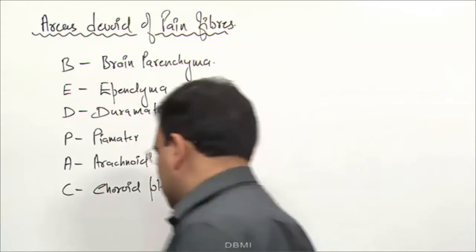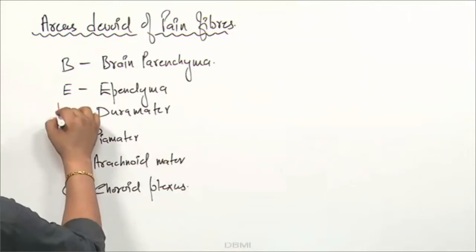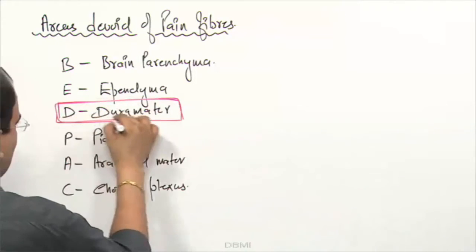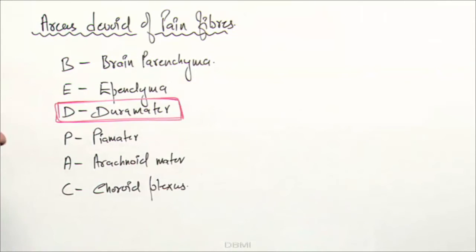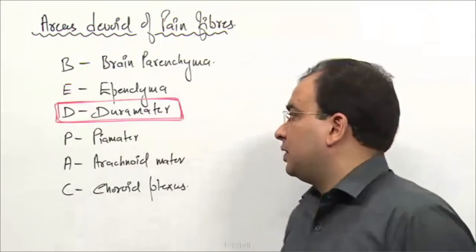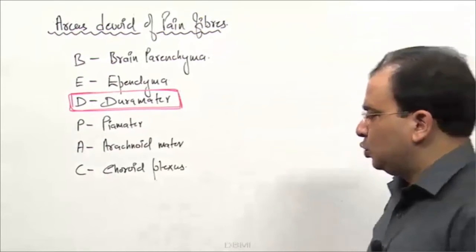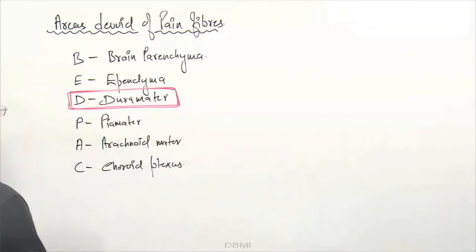Now the question is, how can dura mater be devoid of pain fibers? I mean, the pain of meningitis is elicited from the dura mater, and yesterday we talked about the dura mater's nerve supply. So dura mater is extensively supplied by nerves.